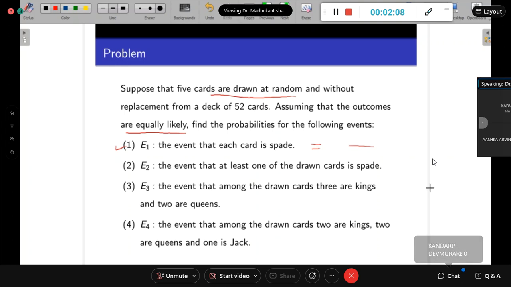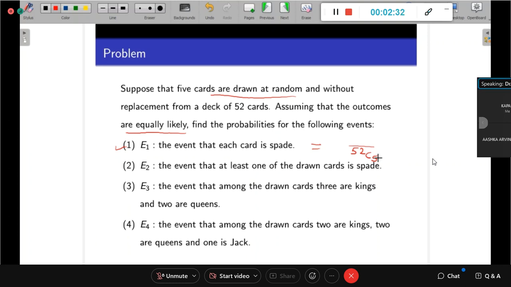The possible number of exhaustive cases: out of 52, 5 cards are drawn at random and without replacement. Order doesn't matter, so 52C5 is the total number of exhaustive cases.